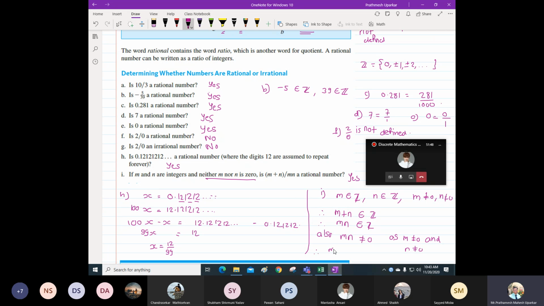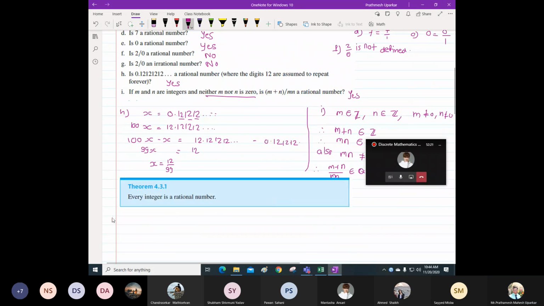Therefore, the quotient, that is m plus n upon mn, will belong to the set of rational numbers. Okay, so always remember, to check whether a number is rational, you have to write it in the form a by b, where b must not be equal to 0. If you see these three things, your number will be a rational number.